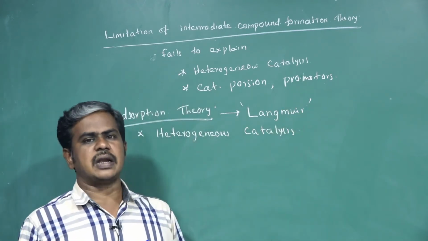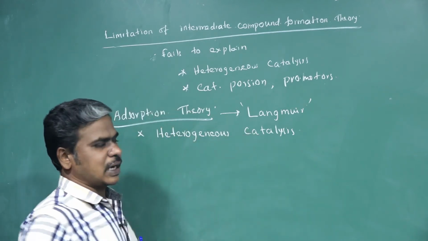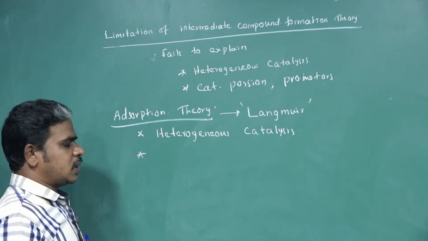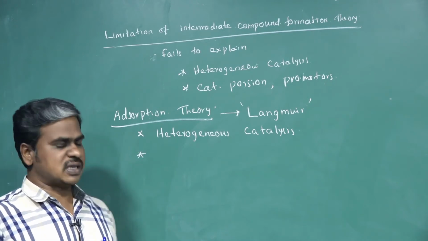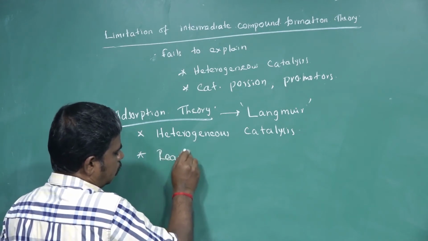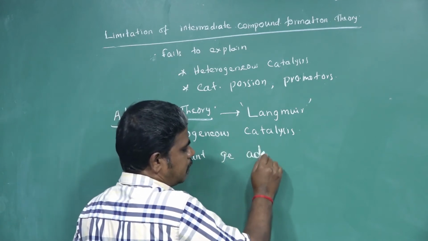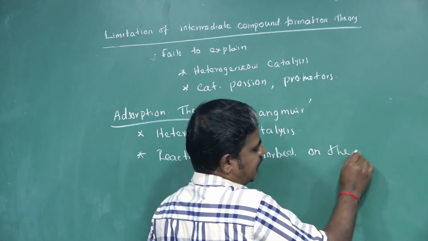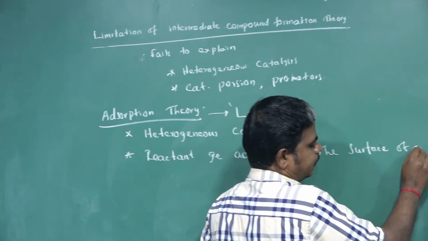The reactant and the catalyst in different phases is known as heterogeneous catalysis. And here, according to adsorption theory, the reactant molecules get adsorbed on the surface of a catalyst.